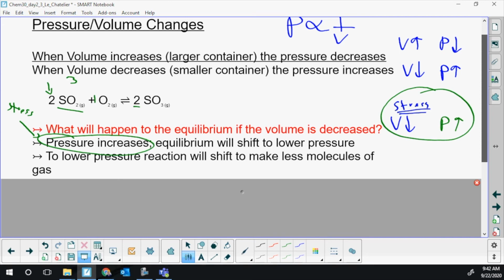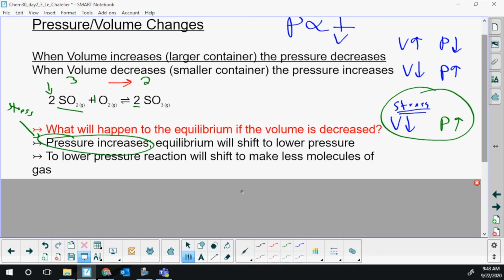So you should be expecting a question like this, but to have one of these not be gas, and don't count it. That's just down at the bottom. If I had liquid water, that doesn't affect the pressure. Or a solid precipitate, or just a solid, that doesn't affect the pressure. So you've got 3 gas molecules. This side, that's a gas, and there's 2 of them. So to lower the pressure, the shift forward was correct.